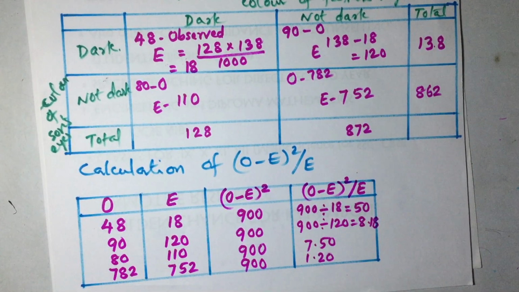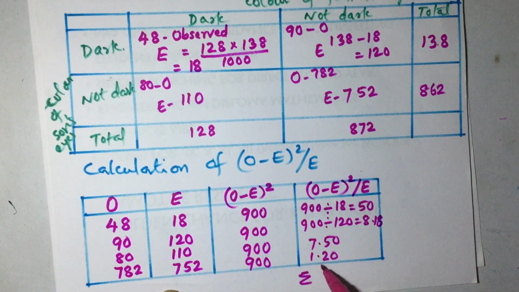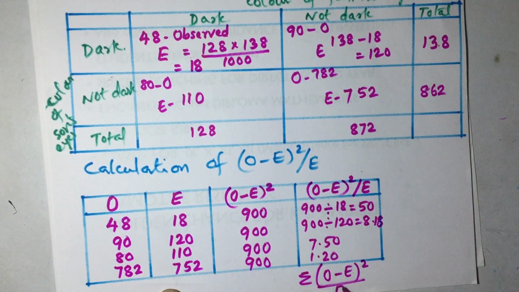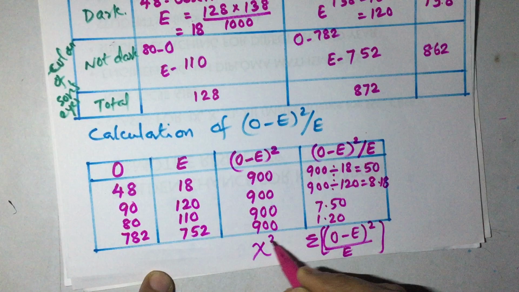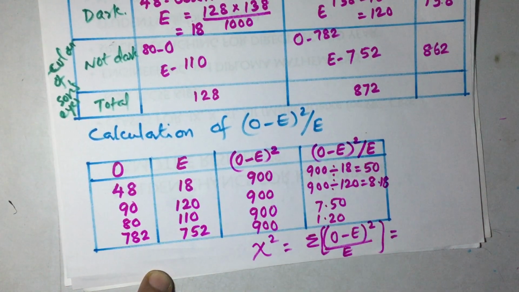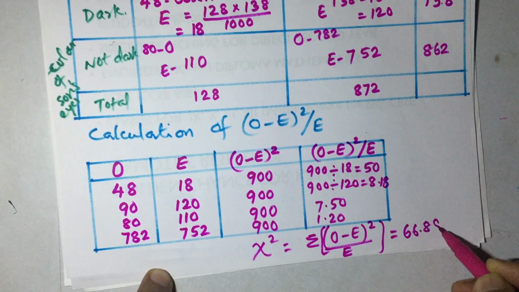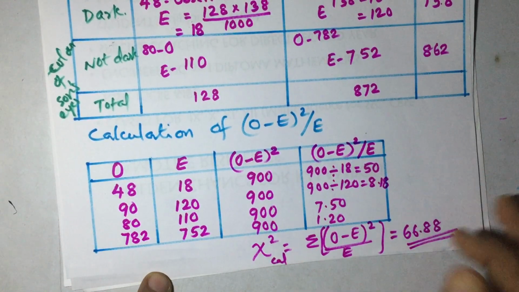Then the sum of O minus E the whole square divided by E, this total sum, this is our chi-square. After adding, you will get it as 66.88. So this is chi-square calculated.